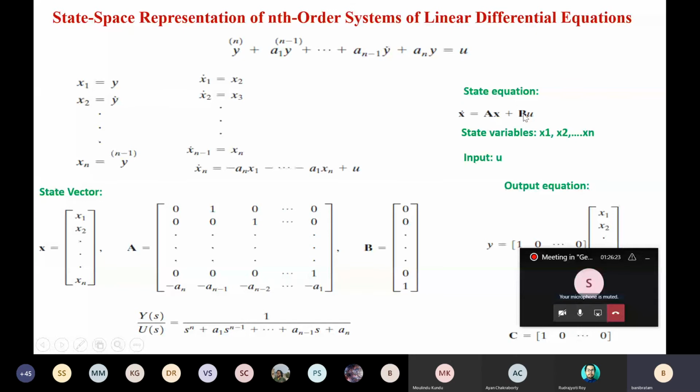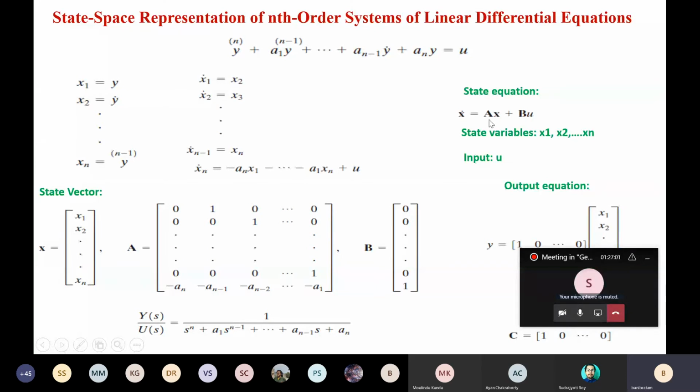Fine. And then plus b into u, where u is your input quantity, and b will be another vector. So this is one nth order differential equation, and with simple algebraic manipulations I can express it in n number of ordinary first order differential equations, which can in general be written in this form, x dot equals to ax plus bu, which is called the state equation.